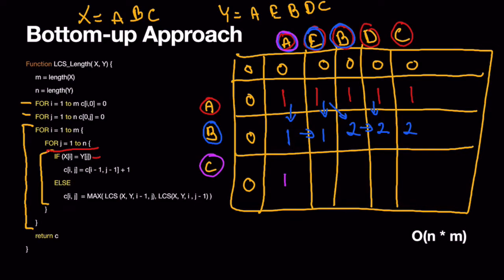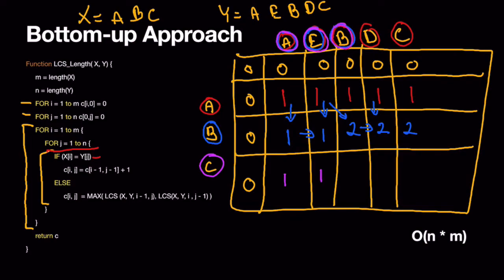C, E, 3 comma 2 not equal. Max value between 2 comma 2 and 3 comma 1. 2 comma 2 is 1. 3 comma 1 is 1. We're still at 1. Okay.